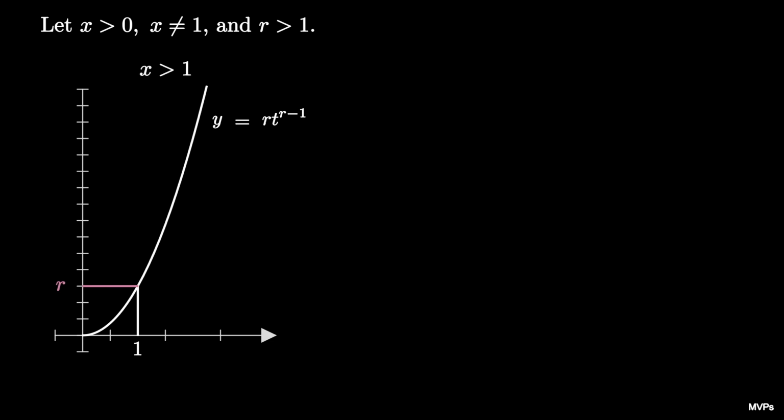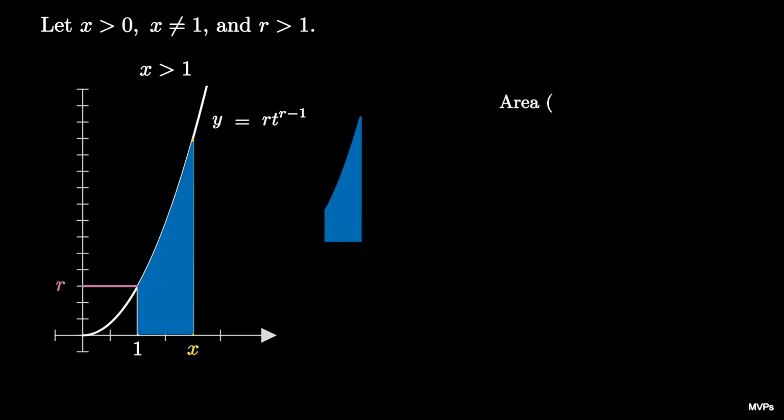First, let's start with an x value greater than 1. We can use this x value to create a region lying above the x-axis and below the curve y = r t^(r-1), between 1 and x. Because the function is increasing, the area of this region is bounded below by the area of the rectangle with height r lying over the interval from 1 to x.